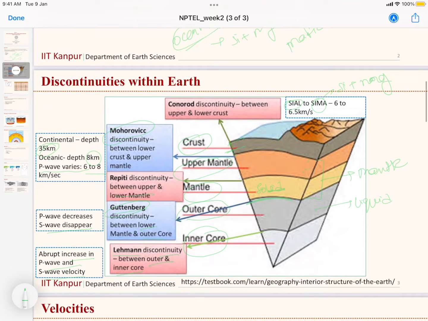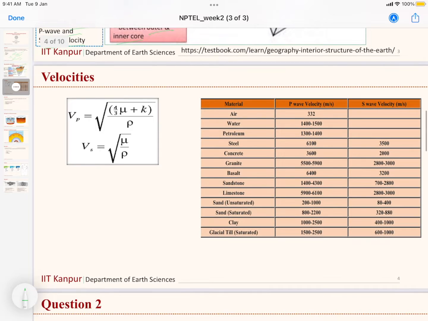To understand that, let's move to the velocity relations. This is the P wave velocity relation, and the one below is for the S wave velocity. These relations are for the ideal condition, that is, a homogeneous and isotropic medium.